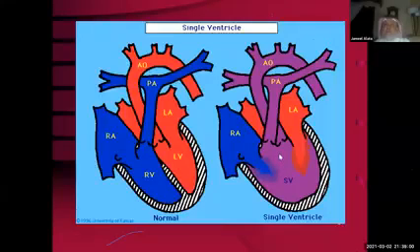Let's say this is a double inlet LV. If there is no pulmonary stenosis and there is complete mixing, as we can see in this ventricle, we expect to have a good saturation. Pathophysiologically, good here means a high saturation.